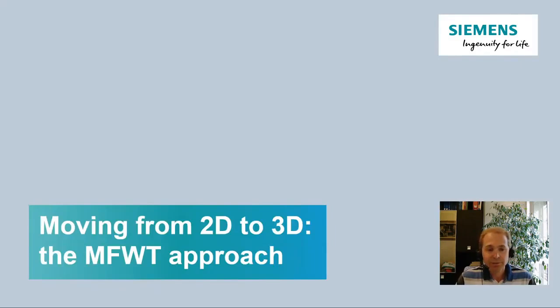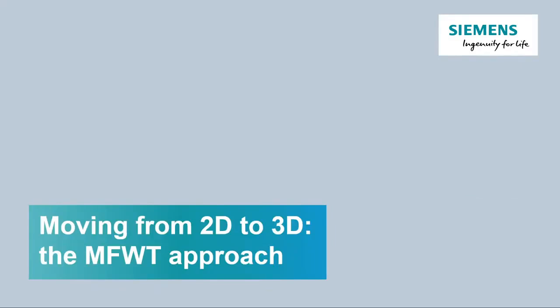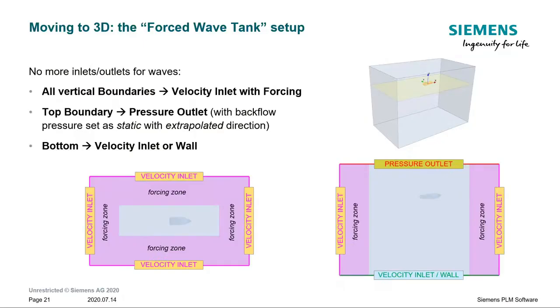Let me now move from 2D to 3D. So if you have followed what I said so far, you won't be surprised to understand that the actual best practice for a 3D domain is to apply a forcing zone all around the vertical boundaries of our domain, at which we prescribe a velocity inlet boundary condition, as in the picture on the left.